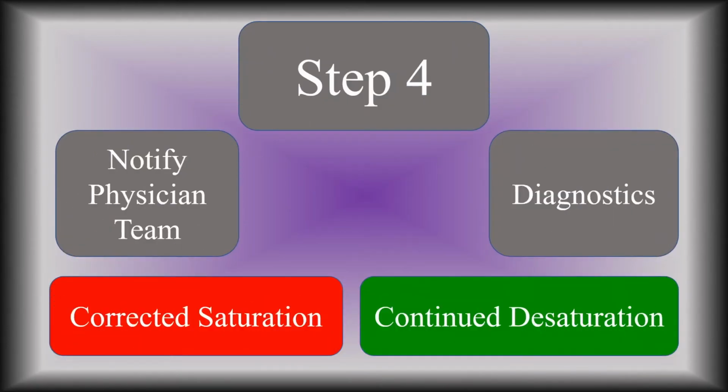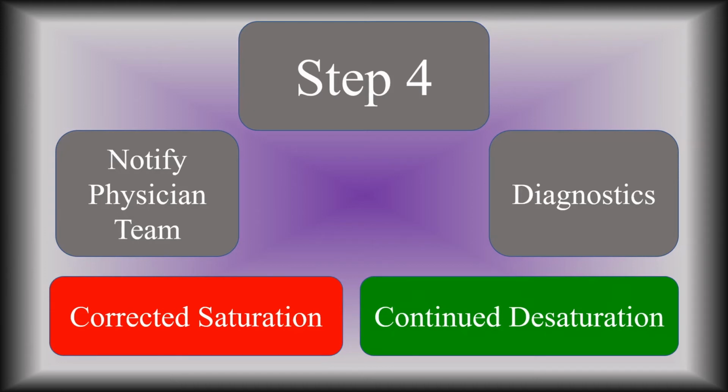Notify the physician team, call the physician, wake up a doctor, hey doctor, get over here. The doctor most likely is going to order other diagnostic tests, labs, chest x-rays, other immediate things so that we can gather more information about why the patient is still desaturating, right?